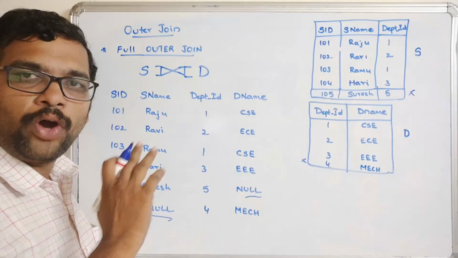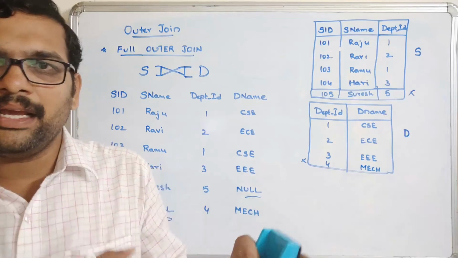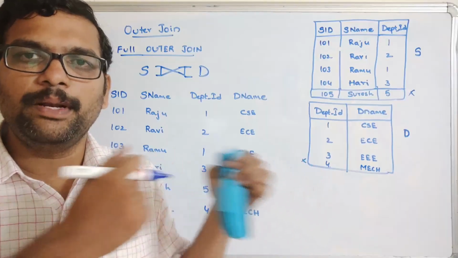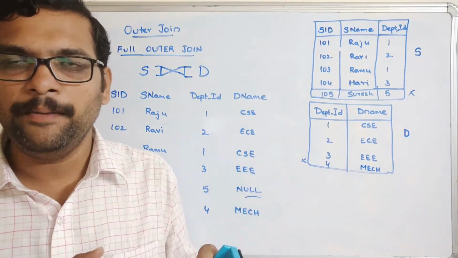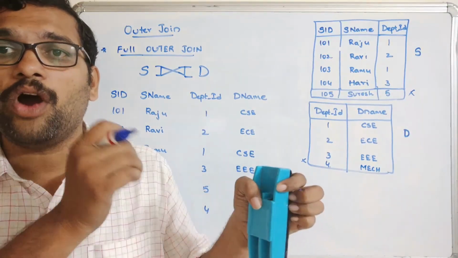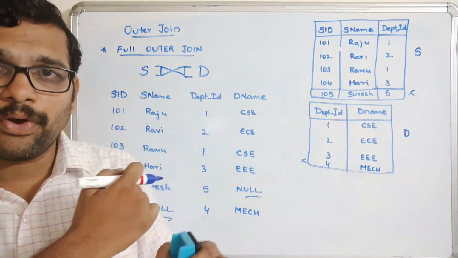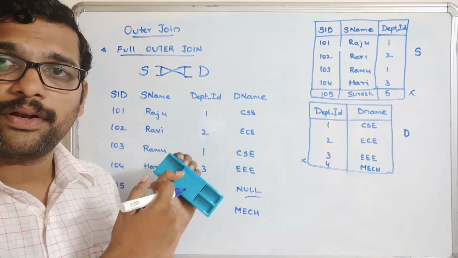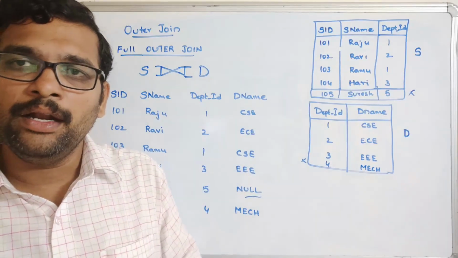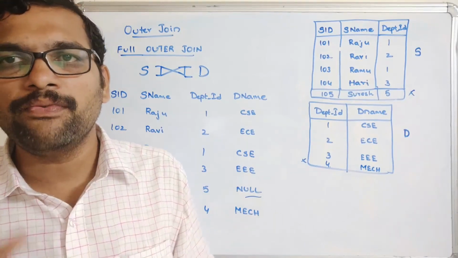Hope you understood these join operations. Two categories of joins: inner join and outer join. In the inner join, the theta join joins tuples based upon the given condition, and the next one is natural join, where two relations are joined with respect to the common attribute. In the outer joins, for the left outer join we consider all the tuples of the left side relation and common tuples of the right side relation, and for the right outer join all the tuples of the right relation and common tuples of the left side relation.